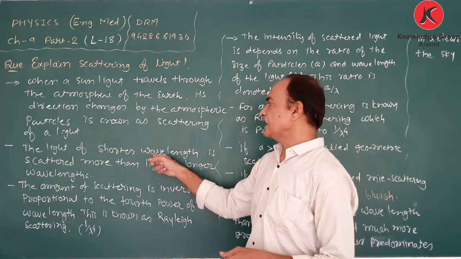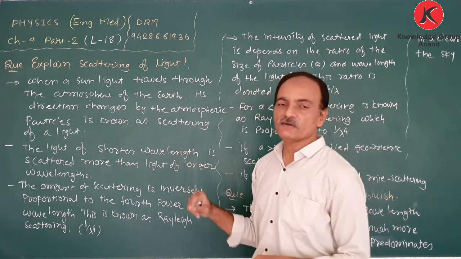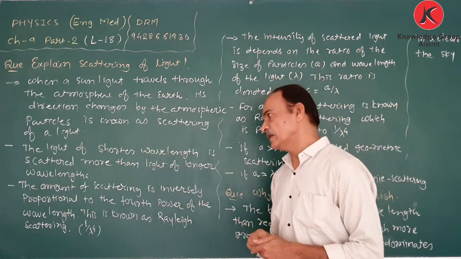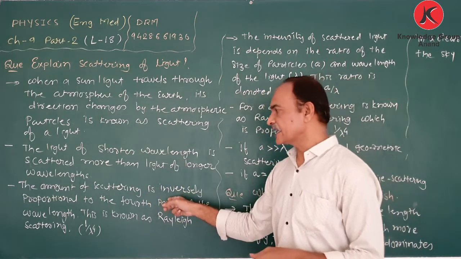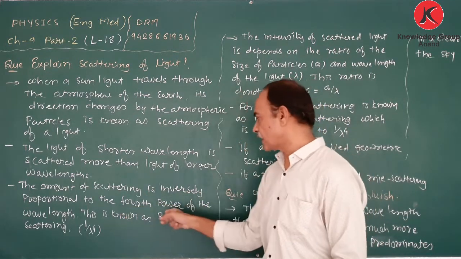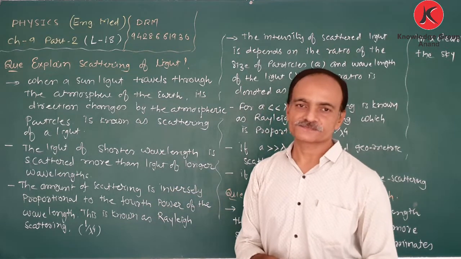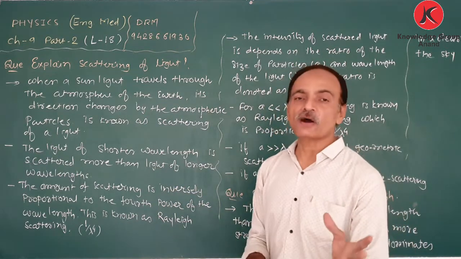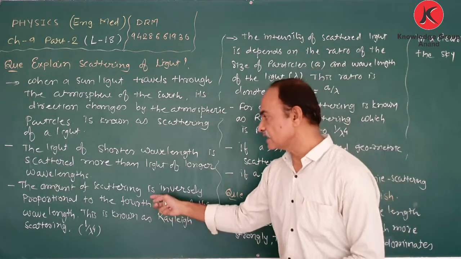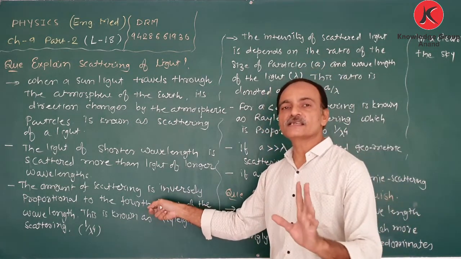Okay, now light of shorter wavelength is scattered much more than light of longer wavelength. The amount of scattering is inversely proportional to the fourth power of wavelength. So how much of the incident light is scattered? That depends on the wavelength of the incident light.